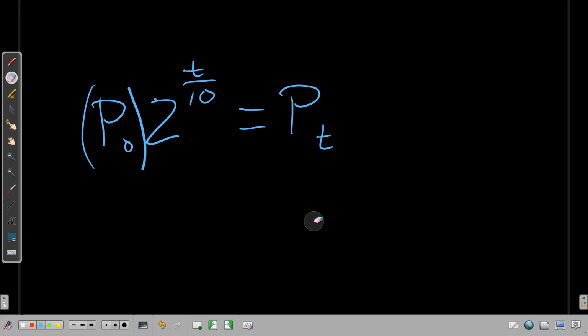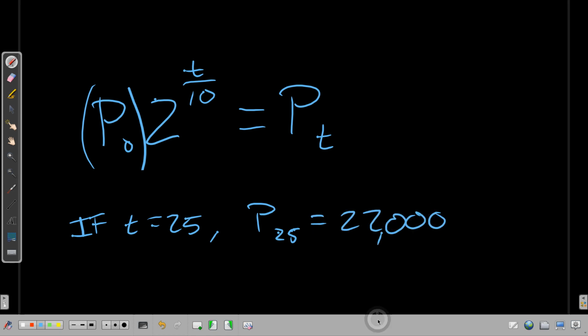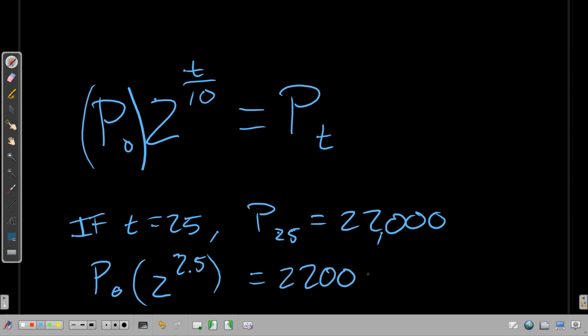And they told us that right now, after 25 years, the population would be 22,000. So then it must be the case that p sub 0 times 2 to the 25 over 10, which is just 2.5, is equal to 22,000.